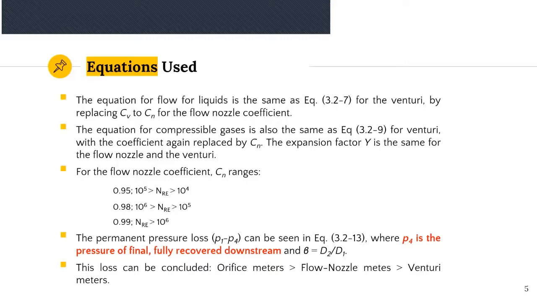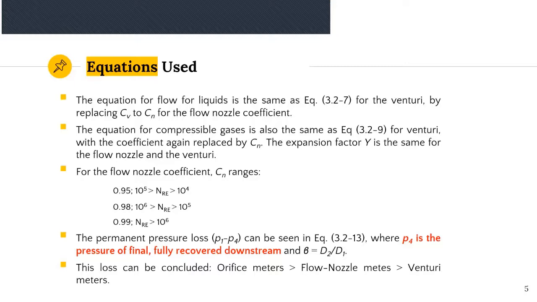And then after orifice, it is followed by the flow nozzle meters, because it is better than orifice. It still has the throat, even though the throat is only very short as compared to the venturi meters.